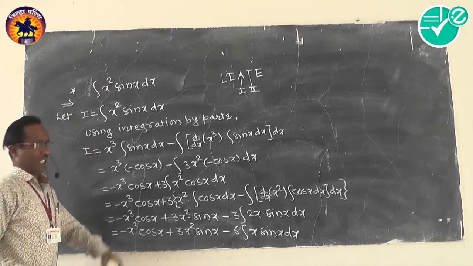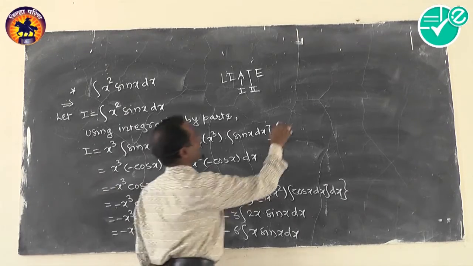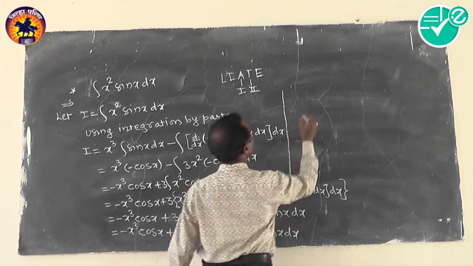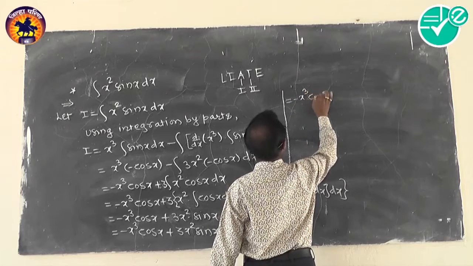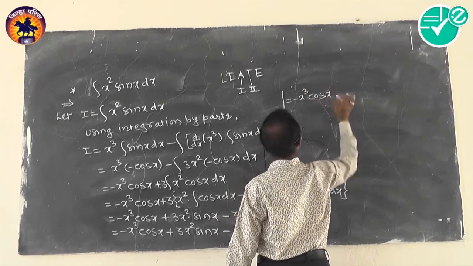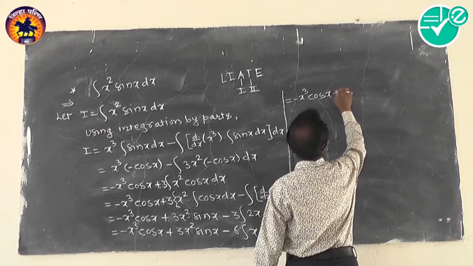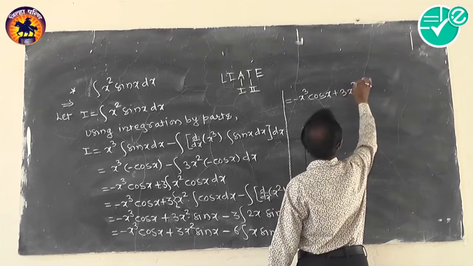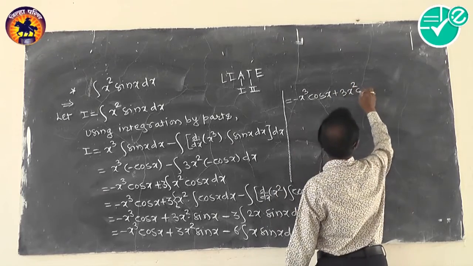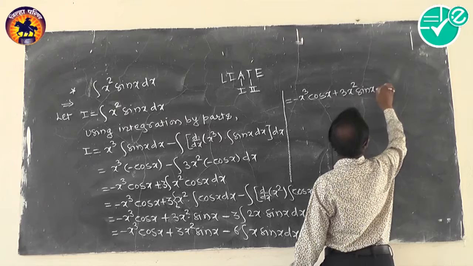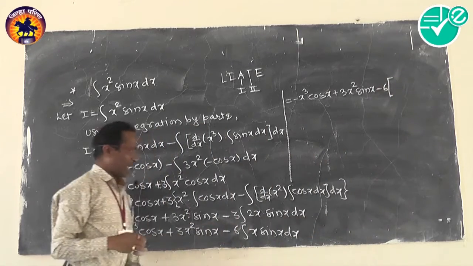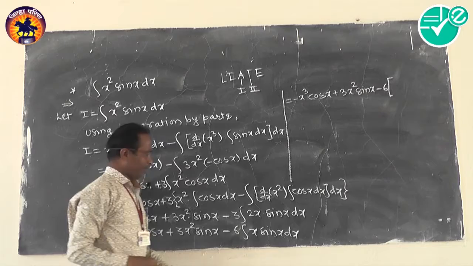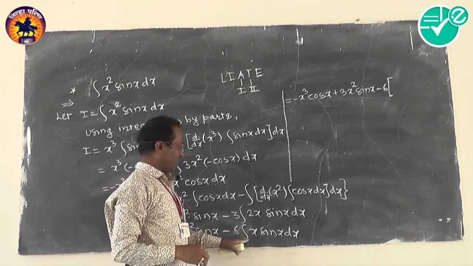Again we use the integration by parts. We get minus x cube cos x plus 3x square sin x minus 6 into, now we apply integration by parts directly here.